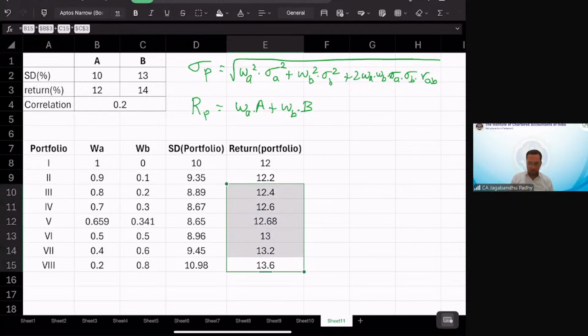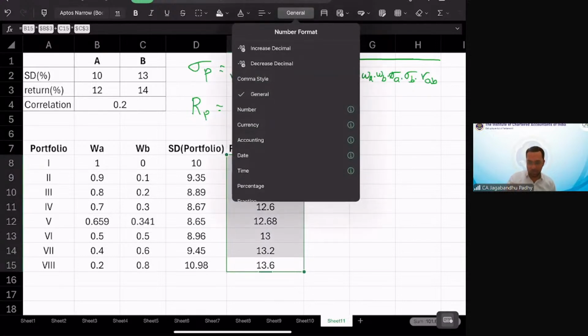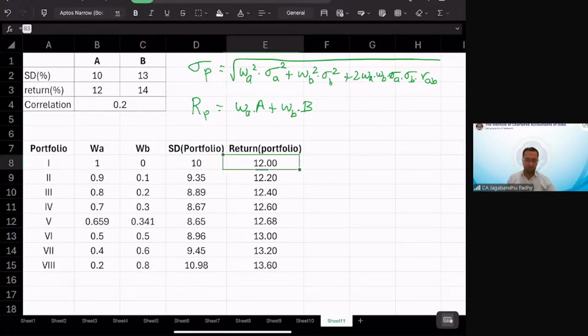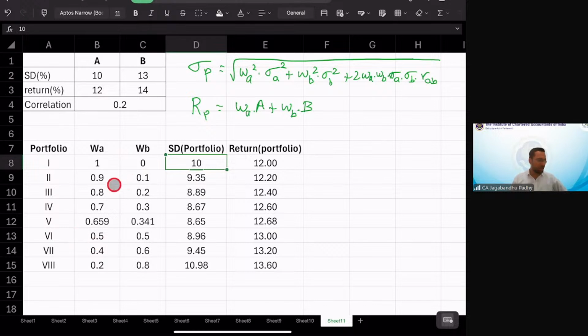So are we getting this portfolio risk and return in a few cases? Yes. So now here we have this particular schedule for this particular data where we are just trying to change the weightages. We're trying to change the weightages and looking for what are the possible standard deviation and the returns.